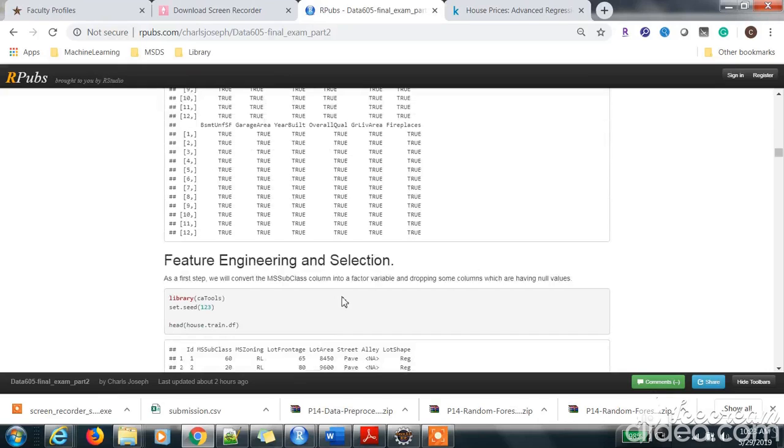The next one is the feature engineering and selection. Since you have 80 explanatory variables, it's quite difficult to find out which features are highly correlated.